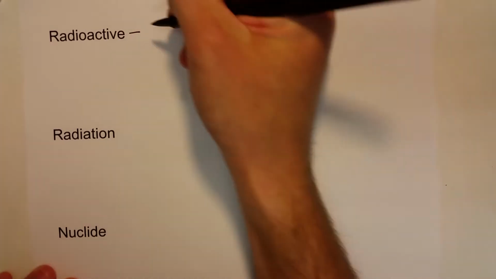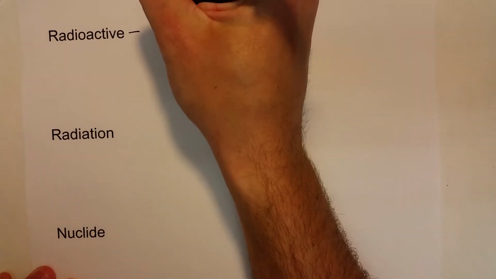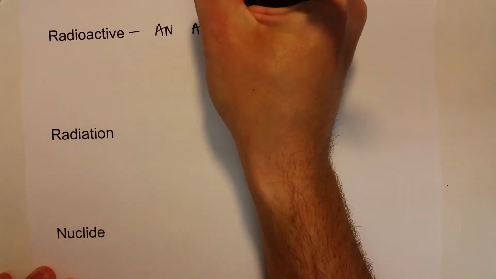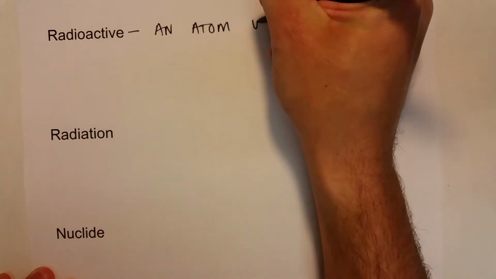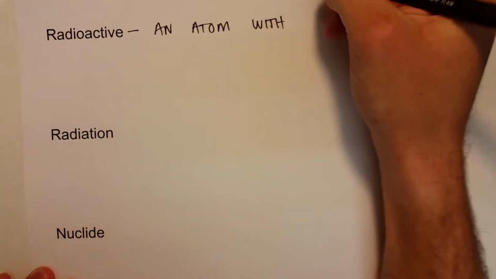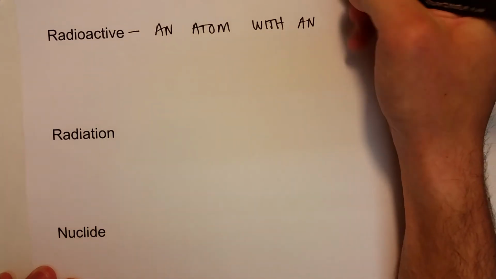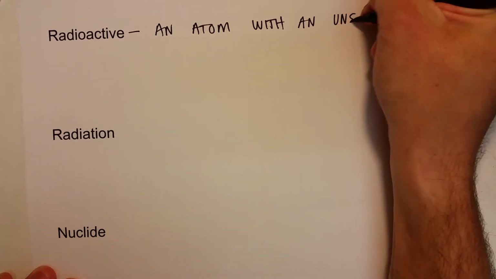Okay, a couple of terms that we're going to need to identify before we get started talking about nuclear reactions are the terms radioactive, radiation, and nuclide. Radioactive: if something is radioactive, it is an atom with an unstable nucleus.